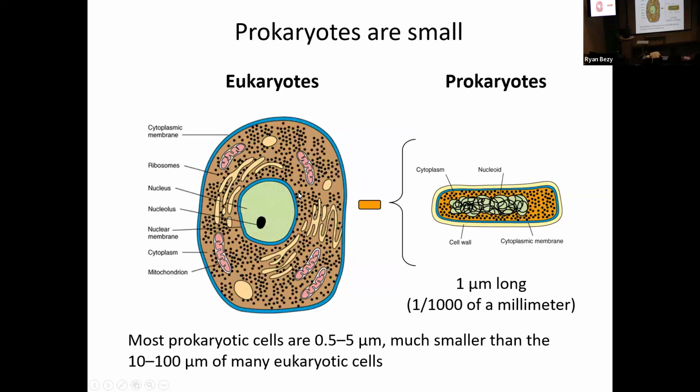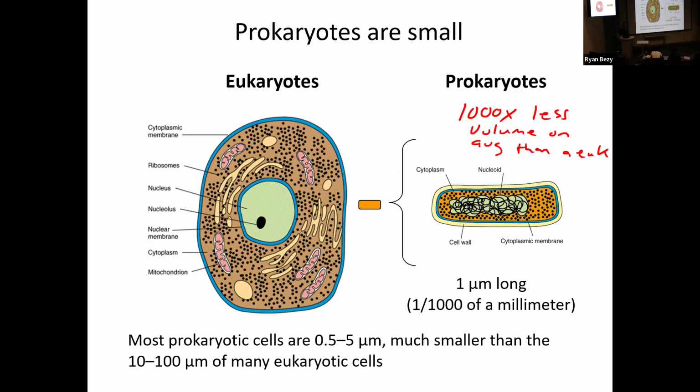On average, most prokaryotic cells are about 0.5 to 5 micrometers. That's much, much smaller than the 10 to 100 micrometers in diameter of these eukaryotic cells. This actually makes prokaryotes 1,000 times less volume on average than eukaryotes, in essence.